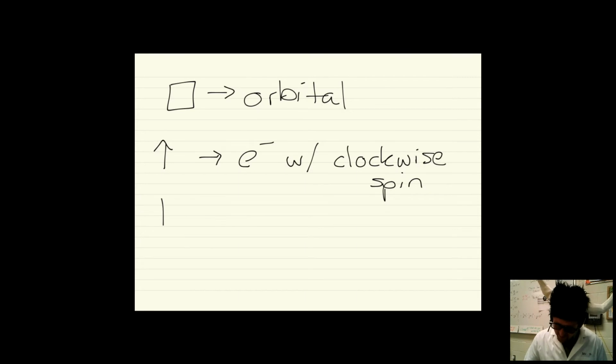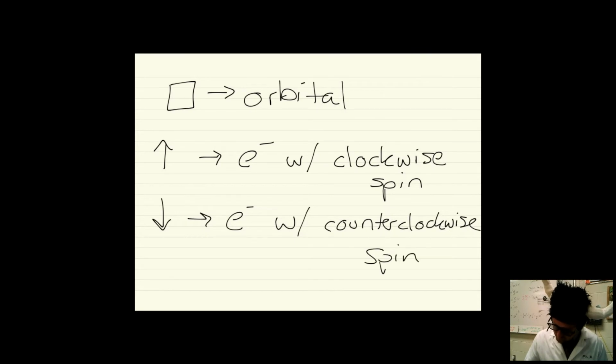And when we see down arrows, we're going to call those electrons with counterclockwise spins. Okay, so I'm going to highlight the things that are important here: the box, an arrow going up, and an arrow going down. These are going to become important for us.